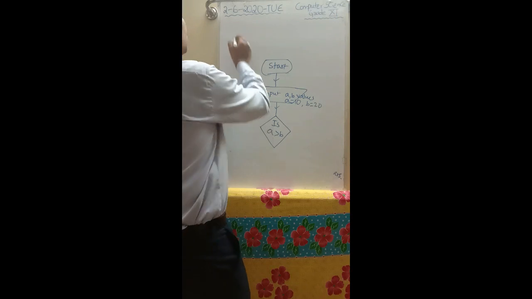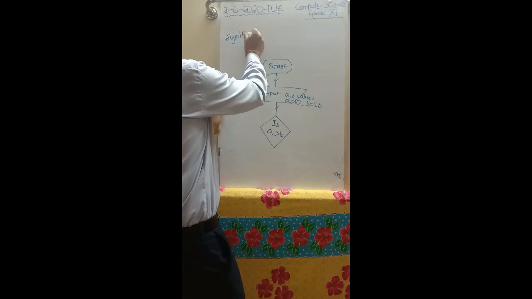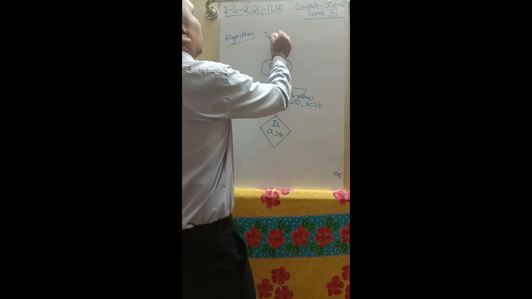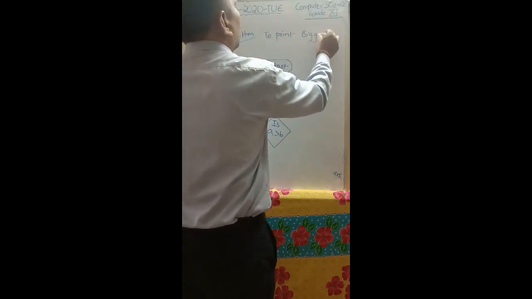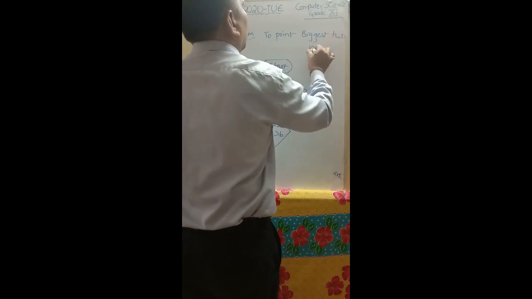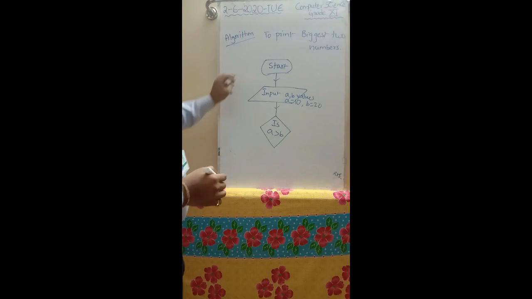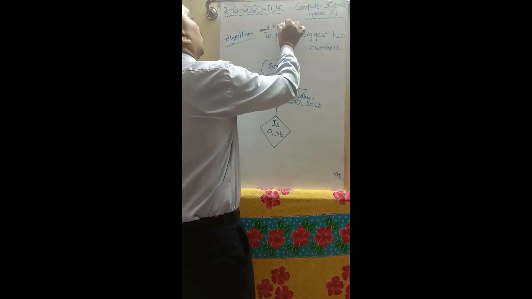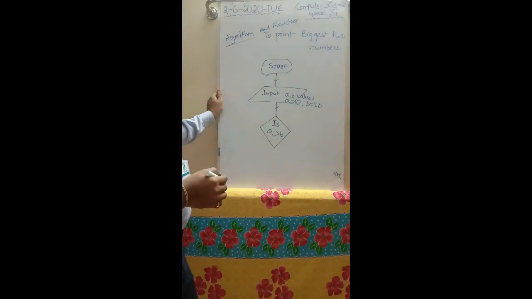So this algorithm is to print the biggest of two numbers. Algorithm and flowchart to print the biggest of two numbers.